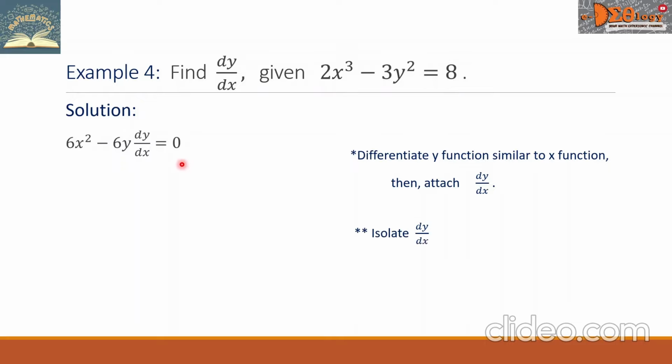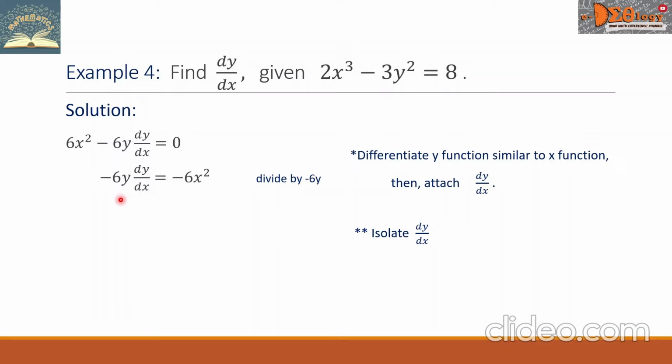From here, we're going to isolate the dy over dx. What we'll do? First, the 6x squared we will transpose to the right. From positive, it becomes negative 6x squared. And still, we want to isolate the dy over dx. So, we're going to divide this equation by the coefficient of dy over dx.